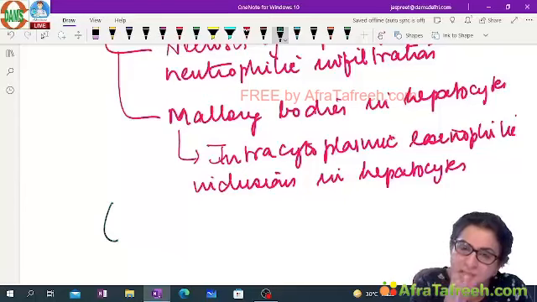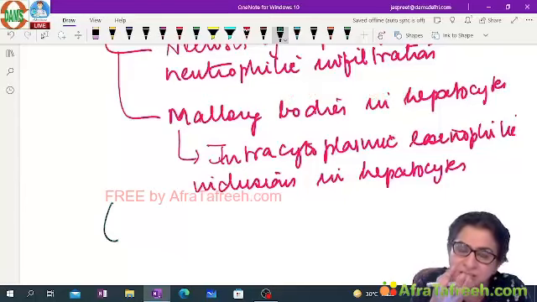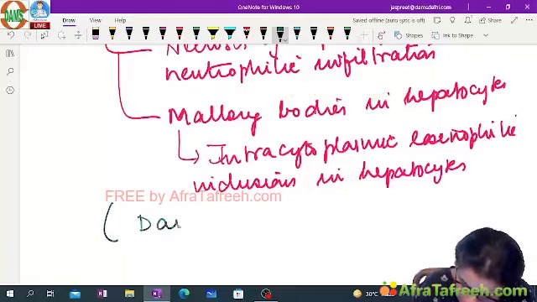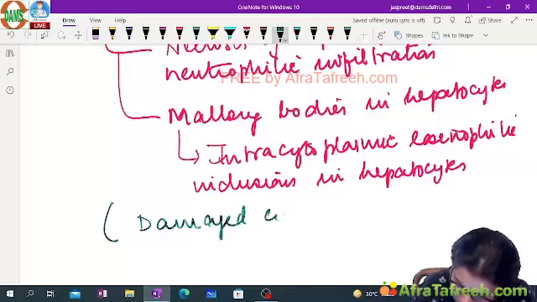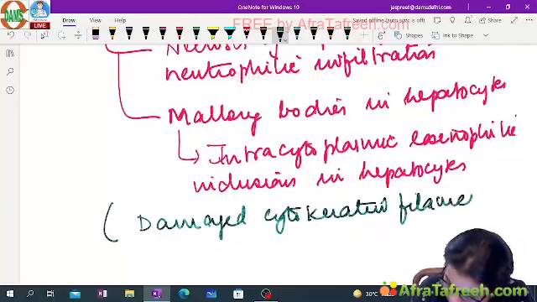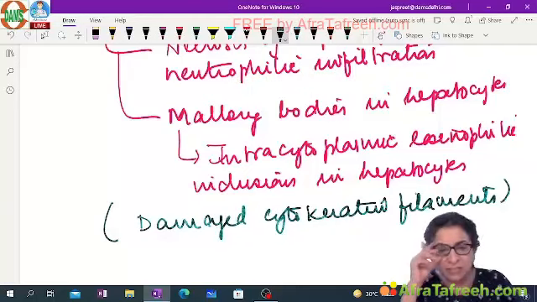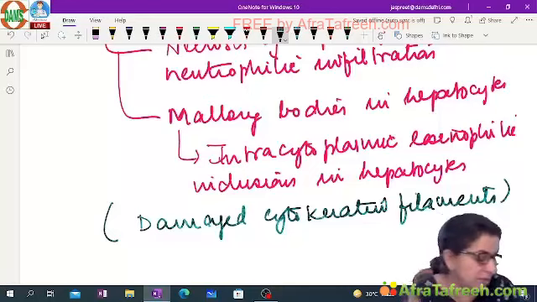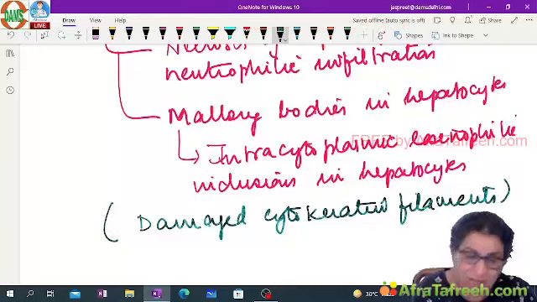Alcohol damages these cytokeratin filaments, and these damaged cytokeratin filaments form Mallory bodies. So alcohol has damaged the cytokeratin filaments, and these now form pink colored inclusions in the hepatocytes. So this is alcoholic hepatitis.